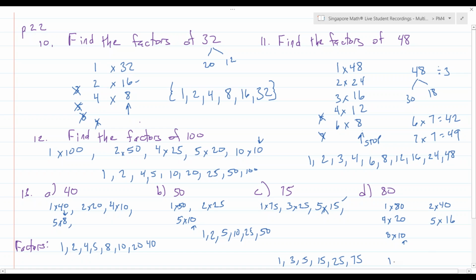So the factors include 1, 2, 4, 5, 8, 10, 16, 20, 40, and 80. Lots of factors of some numbers, very few factors of other numbers.